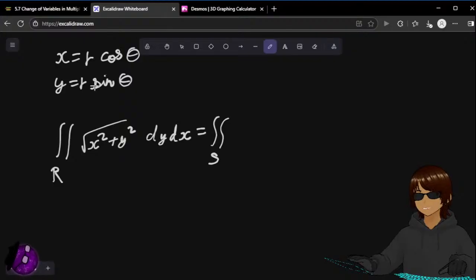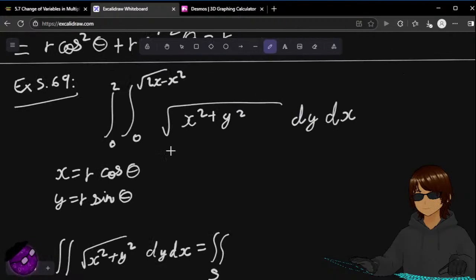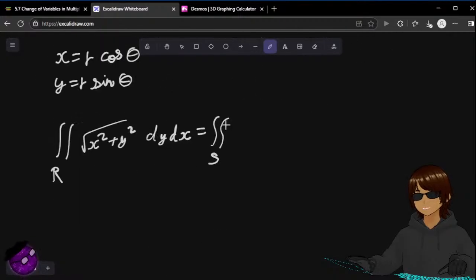Sorry, r square cos square theta, r square sin square theta. You're just left with r. And then the Jacobian of this is r. And then dr d theta.